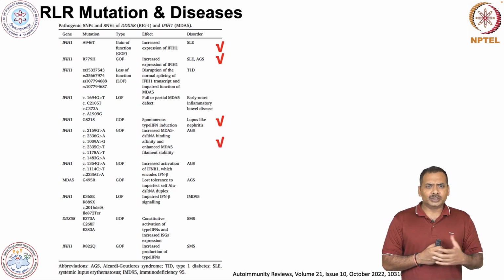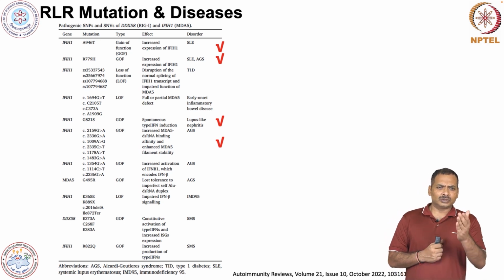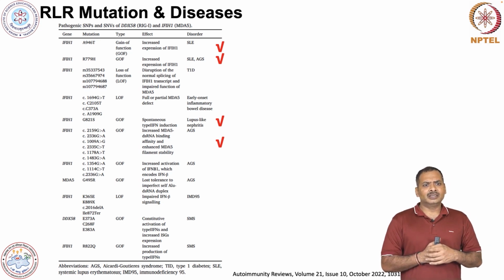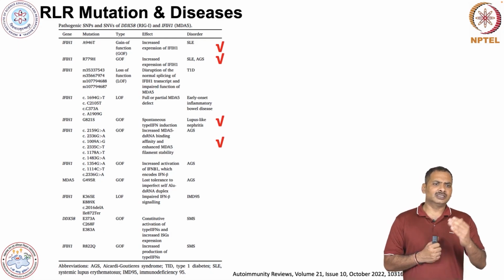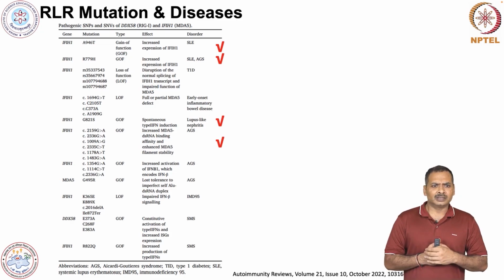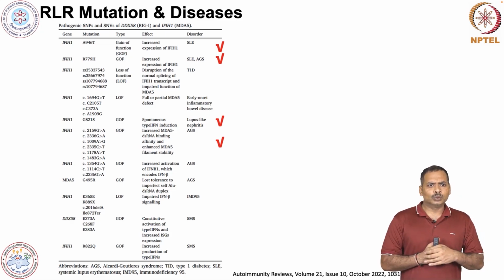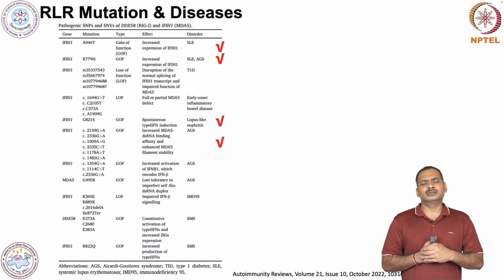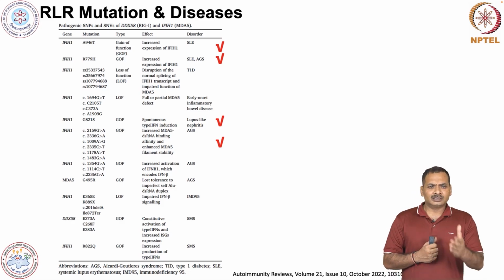There is another mutation, and there are so many mutations associated. This is at the DNA level, and here you can see these mutations, like this one at position 2159, where G is replaced by A, and so on.